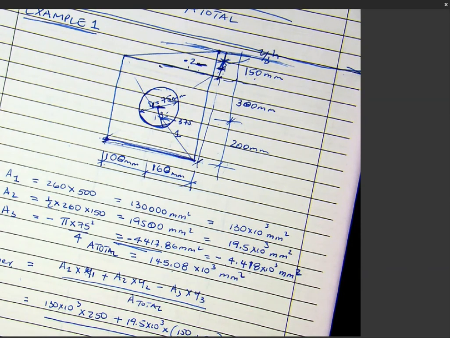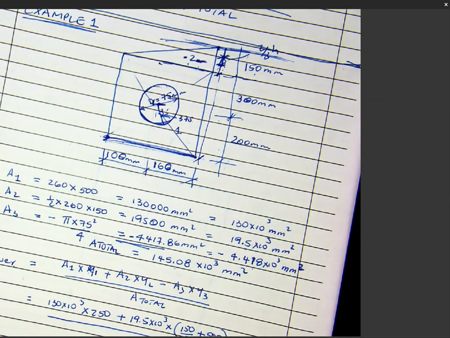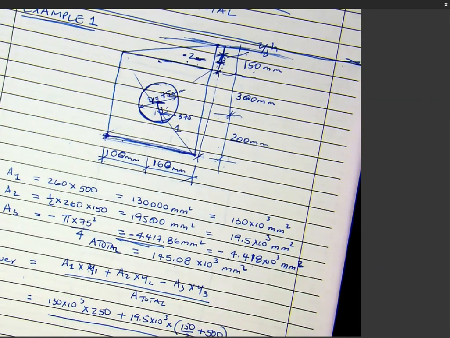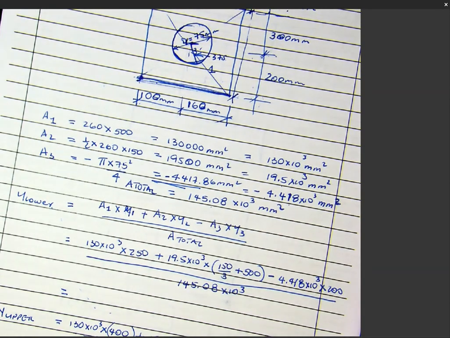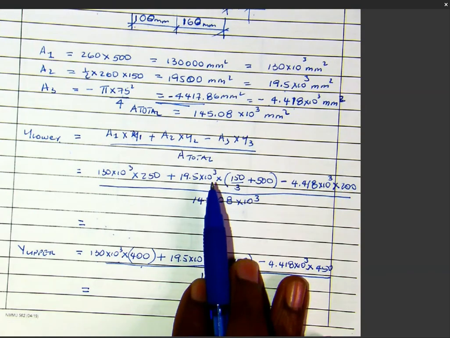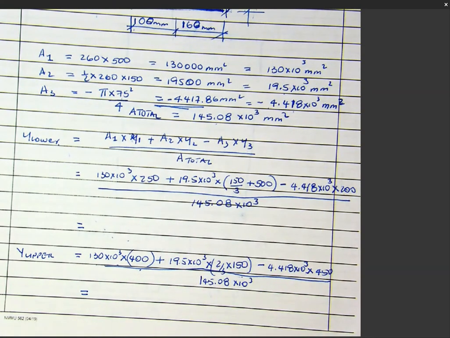Even if there's something wrong, you are able to say, yes, I'm wrong, but at least I can get method marks because the method is correct. Unfortunately, guys, you can punch your calculator and get all those distances and confirm whether your y lower combined with your y upper is giving you the distance.